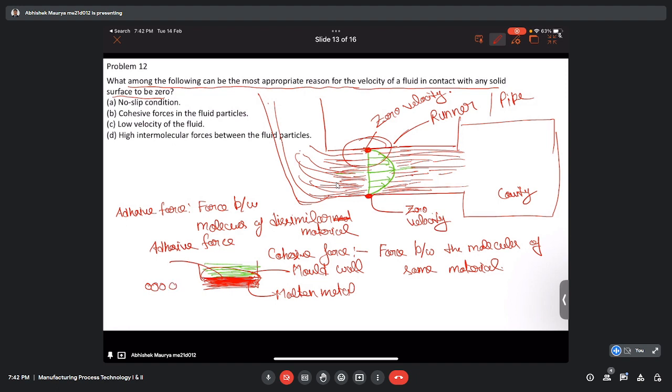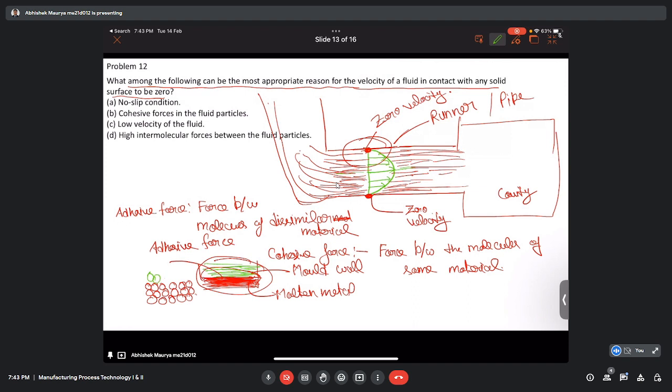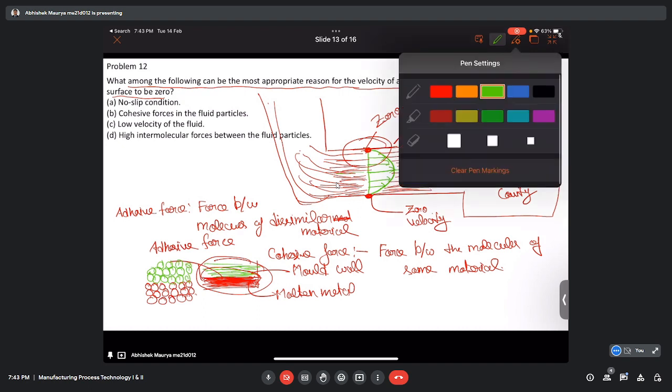So again I will zoom it out. These are the molecules of molten metal, and these are the molecules of the mold wall.